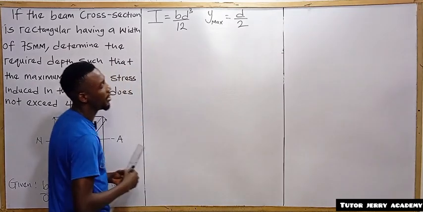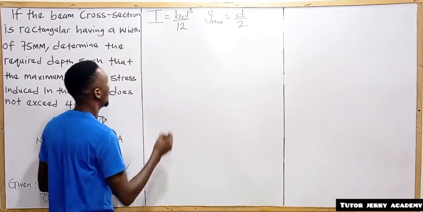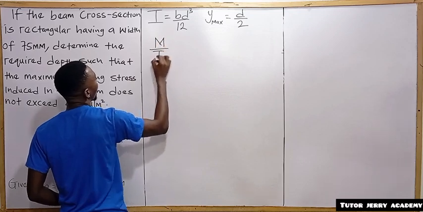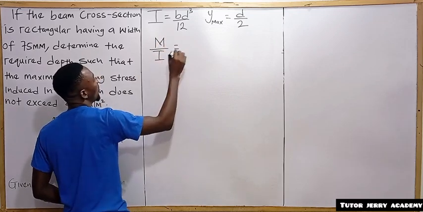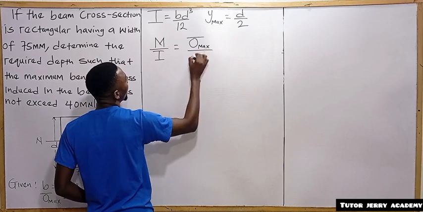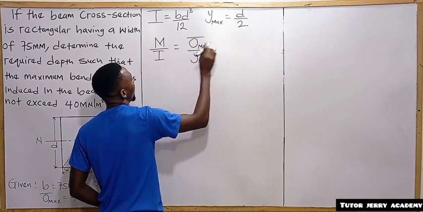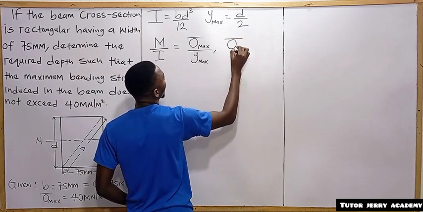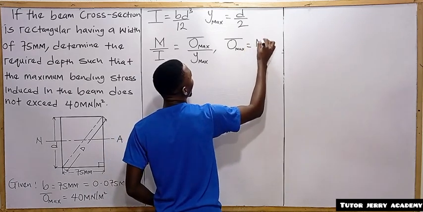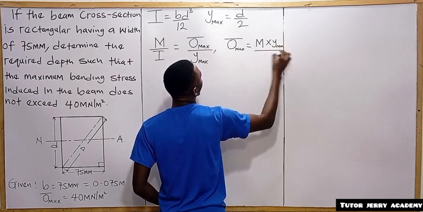Again, you are going to recall from the flexure equation that we have M over I is going to be equal to what? It's going to be equal to our maximum stress over y max. So from here, if we make our maximum stress the subject, this will be equal to M multiplied by y max all over I.